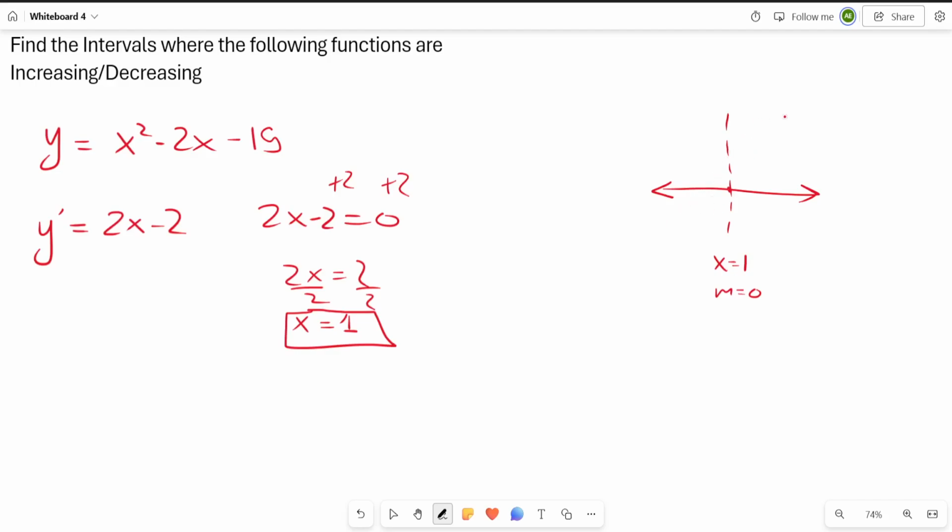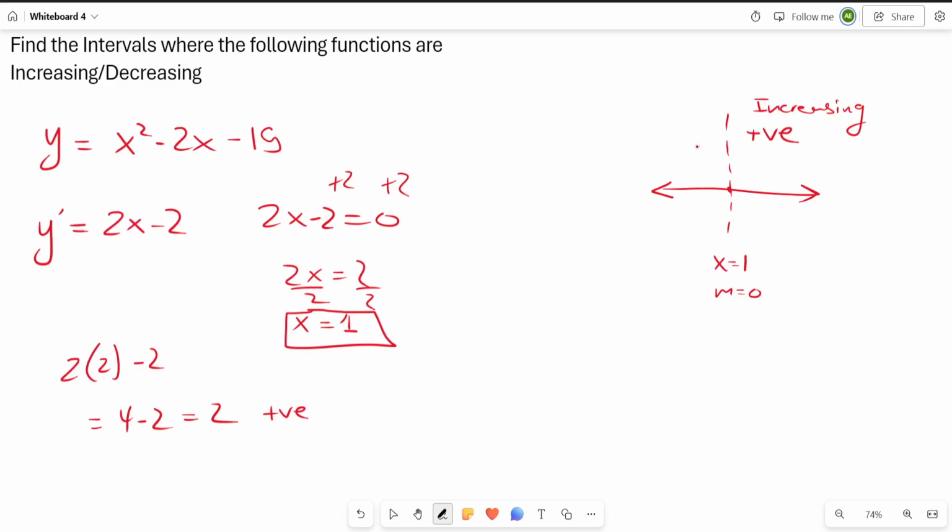Let's take any value to the right side of 1, so 2, and put this 2 in the first derivative to see if the gradient is positive or negative on that side. So 2 times 2 minus 2 is 4 minus 2, which is equal to 2. I got a positive value, so I know that the gradient on this side is positive, thus the function is increasing on this side.